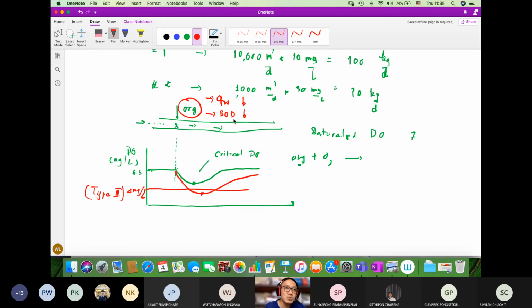But if they want to improve the quality of the effluent, they may have to invest in some advanced technologies to reduce the concentrations of the organic substance. They may have to apply other processes like adsorption or some other advanced chemical reaction like Fenton reactions to get rid of the organic substance.